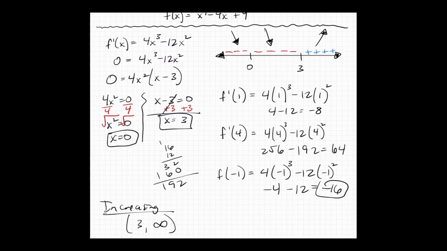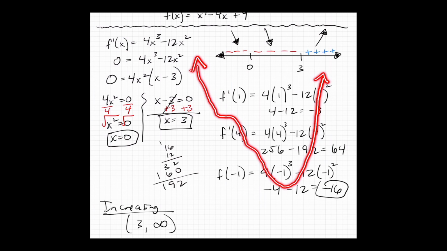So it's going to decrease here. Decrease means go down. And then what happens at 0? At 0 it flattens out, right? And then what happens after 0? It continues decreasing. And then at 3?